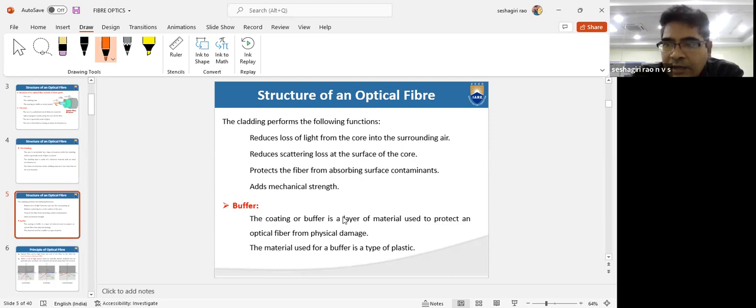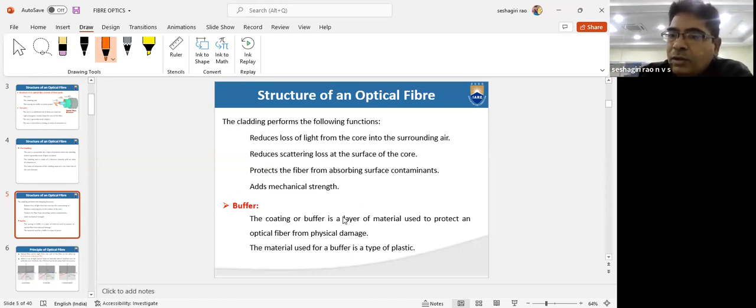And the buffer, as I told you, is nothing but the outer layer of the fiber. The coating or buffer is a layer of material used to protect an optical fiber from any physical damage. If you try to twist the fiber, some damage may happen to the wire inside the fiber.